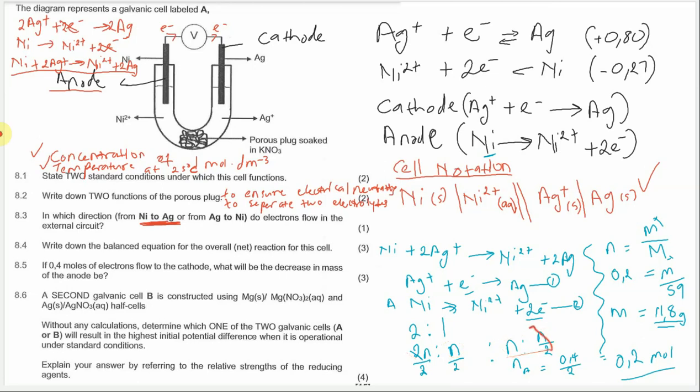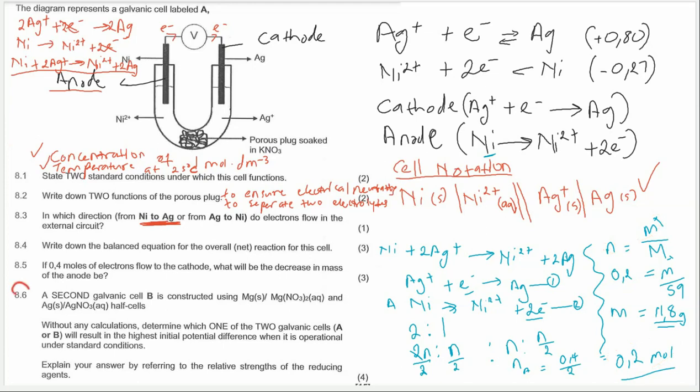So you substitute the given information from the question, divide that by 2, and you get your answer in moles. This will be the mole for the electrons, but it's the one you use to calculate the mass of the nickel. Okay, I hope this is better.